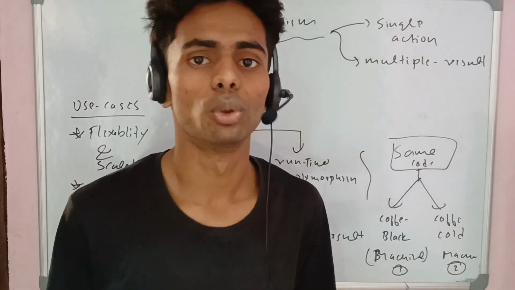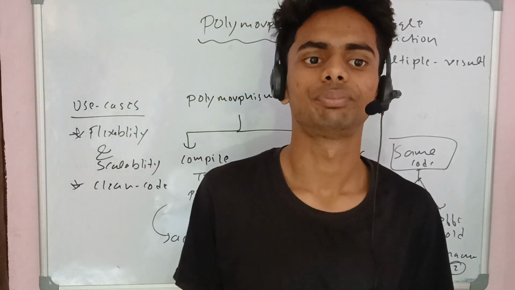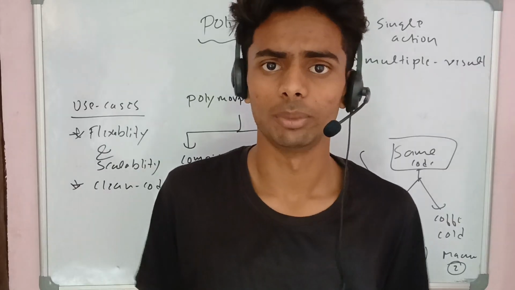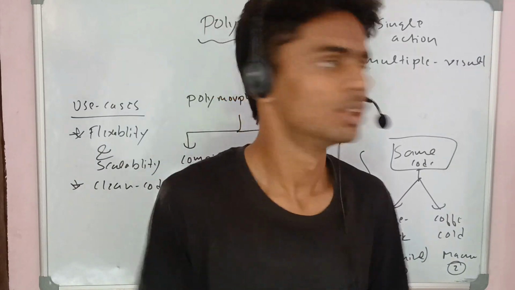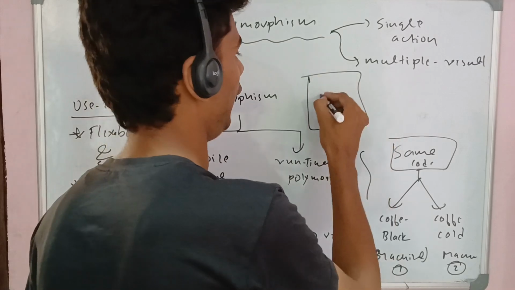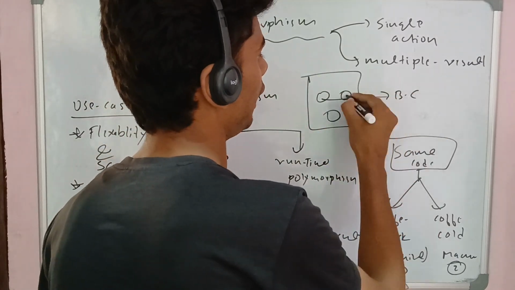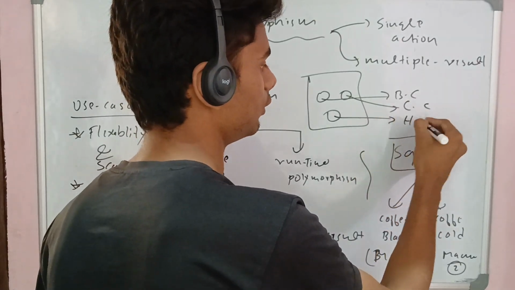Let's suppose you have a coffee machine, and each machine has its own distinct features. Let's suppose a coffee machine with different keys: key 1, key 2, key 3. Key 1 is for black coffee, key 2 for cold coffee, and key 3 for hot coffee.